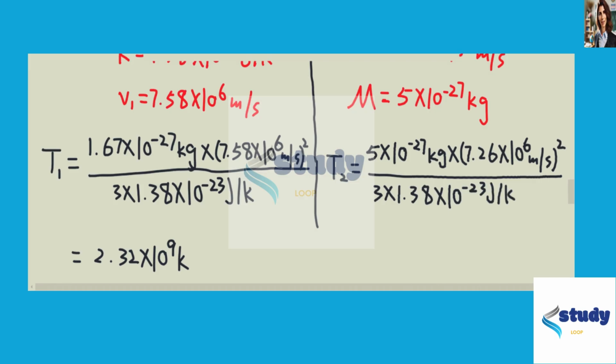This gives us T2 equal to 6.37 times 10 to the power 9 Kelvin.